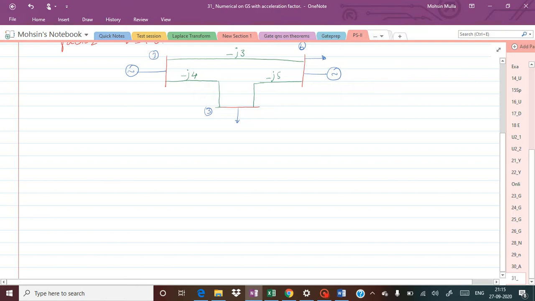These are the per unit admittances given for the transmission lines between the two buses.